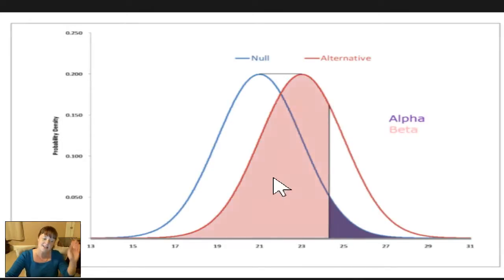The left-hand side of the alternative hypothesis sampling distribution is called beta. It's where we're failing to reject the null, but the alternative is actually correct. And this area here to the right on the alternative hypothesis sampling distribution is called power, where you're rejecting the null and you're assuming the alternative is true, so you're right. Just memorize those for now.